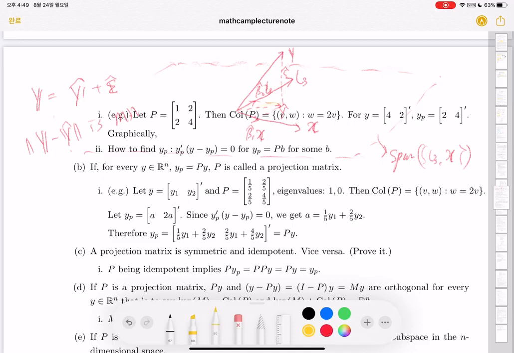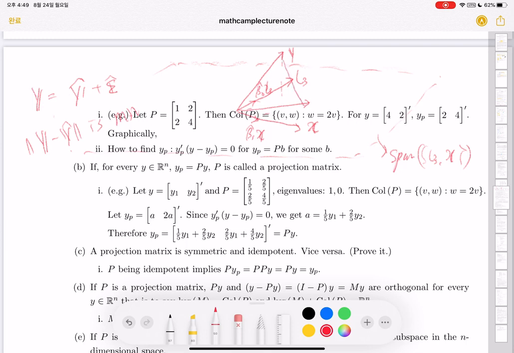So consider a non-projection vector, like this one.